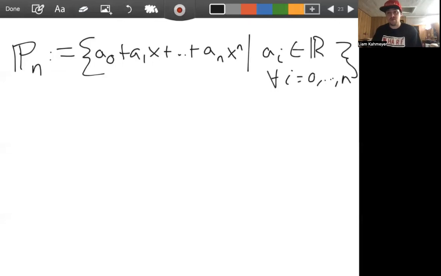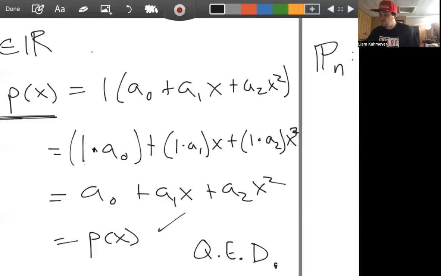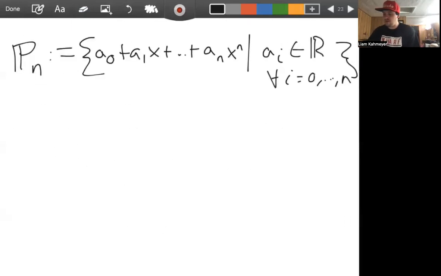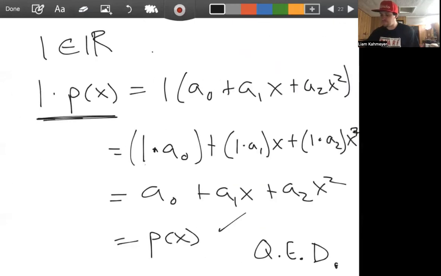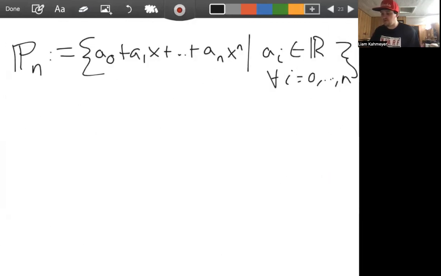And this is also a vector space. Showing that P sub n is a vector space would really just be you copy-paste the proof that we've just written for P2, but you just have more terms to carry and more things like that.